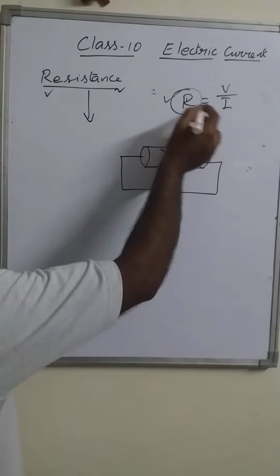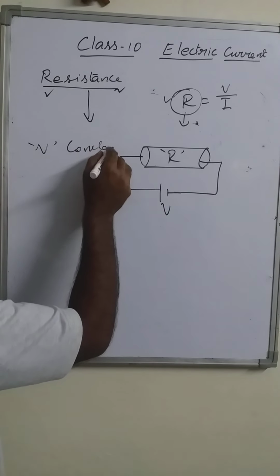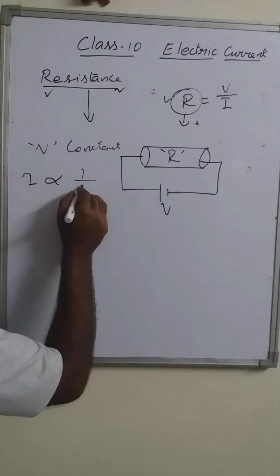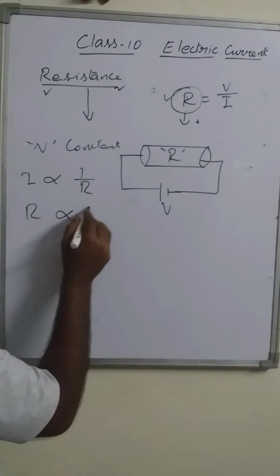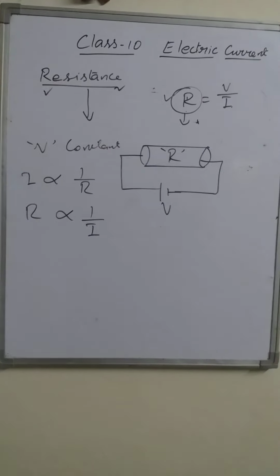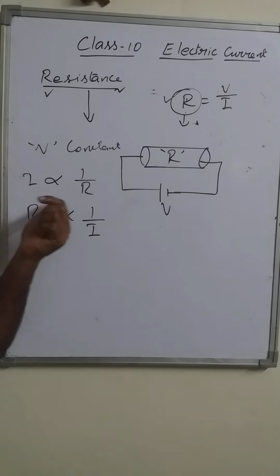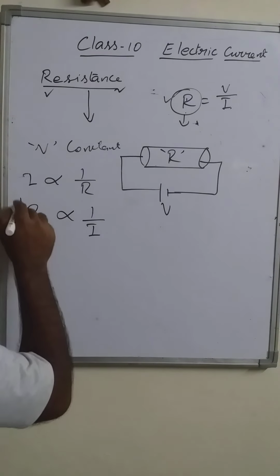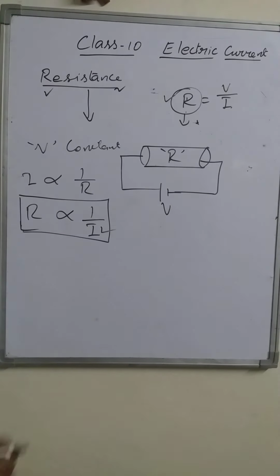So we can say if V is constant, then the current is inversely proportional to R. We should say current is inversely proportional to R. We cannot say R is inversely proportional to I. Both are mathematically okay, since we are only transposing the terms, but physically we cannot say the resistance of a conductor depends on the amount of current that flows.